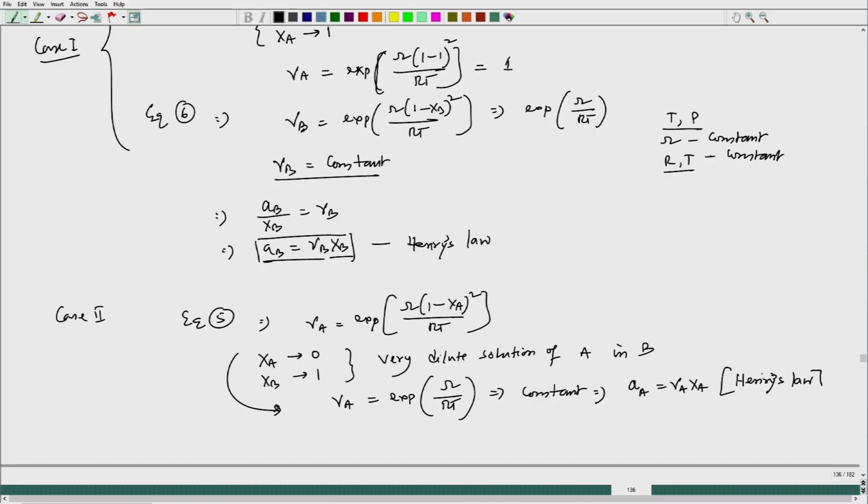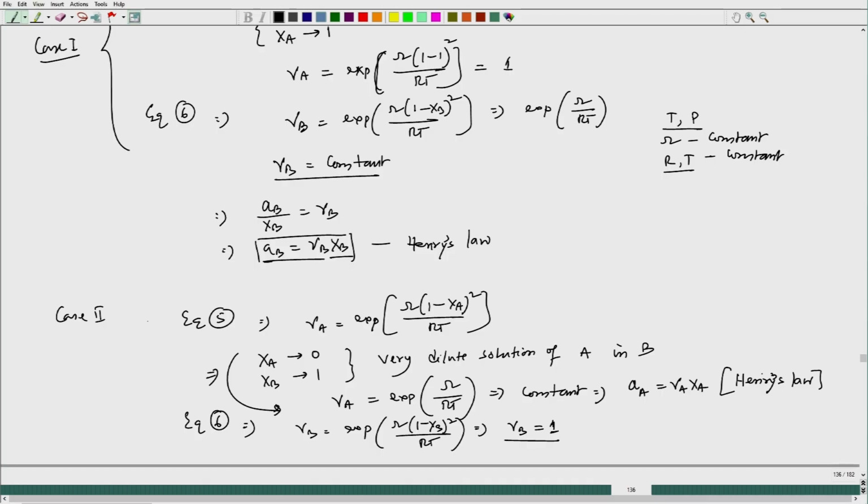Now, if I take equation 6, γB equals exponential of ω(1 − XB)² divided by RT. With this consideration, γB becomes 1. So, what does it mean?